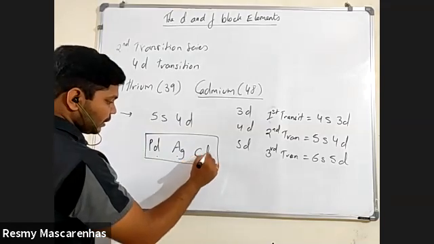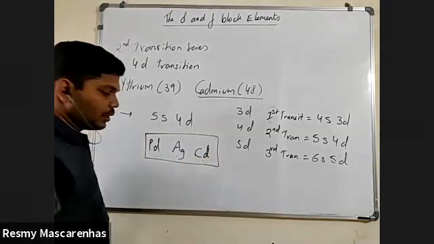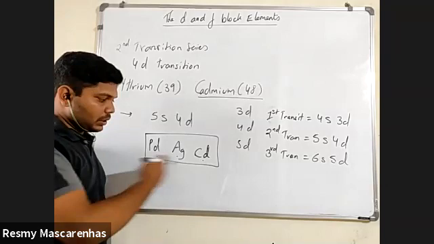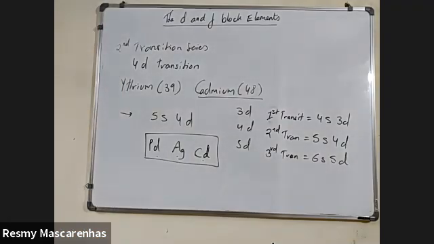Before that, if anybody is there, not that much important. Just remember the last three elements of the second transition series, because they cannot ask more questions here. Their focus is on the first transition series. For the second and third transition series, you just need to remember where it starts and where it ends.